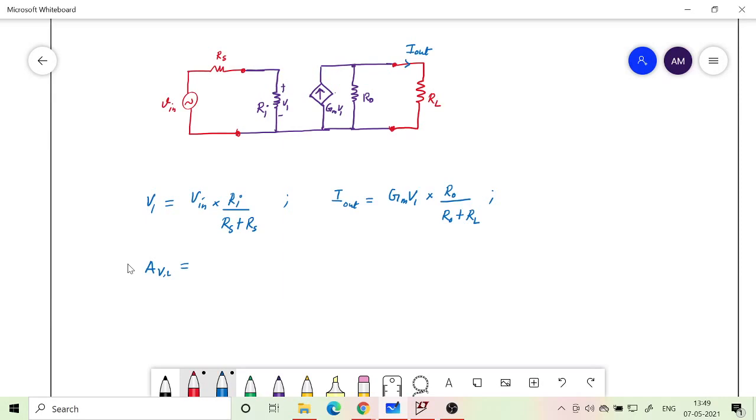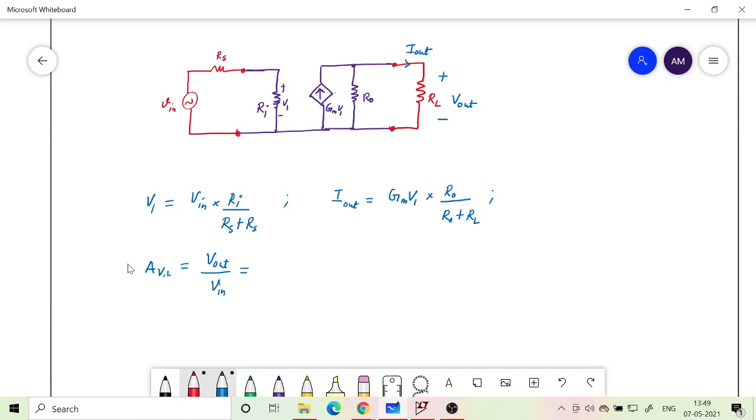Okay. So voltage gain at the load is basically the output voltage V0 or V out divided by the input voltage V in. So what is output voltage?